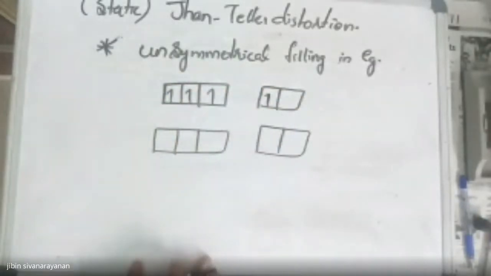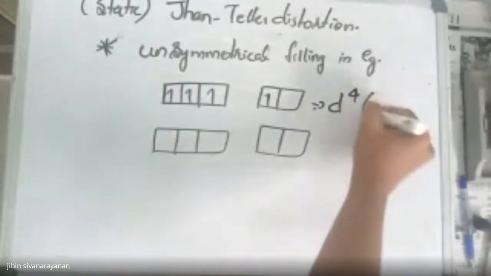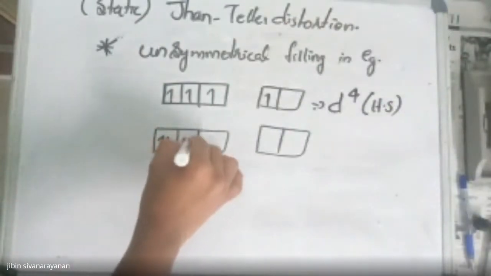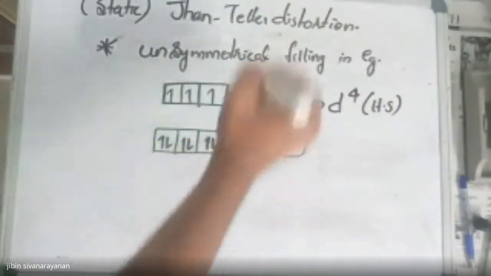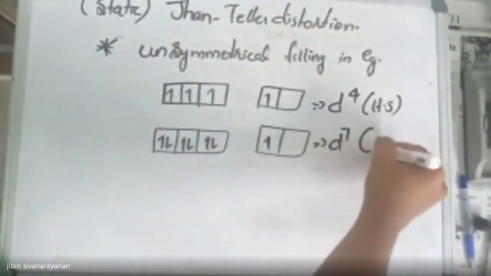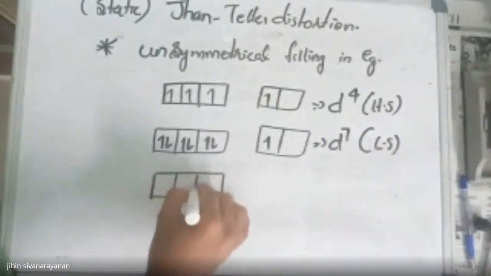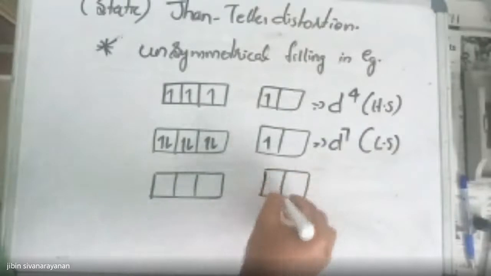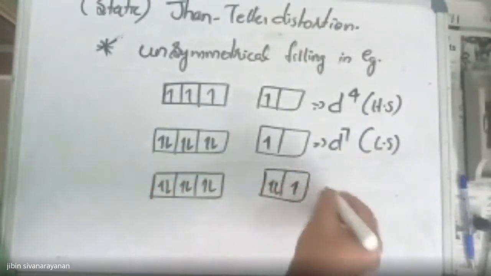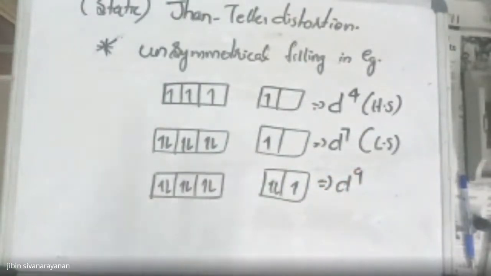In this way, this is in the d4 configuration with high spin, right? d7 low spin. d9 can be either high spin or low spin.